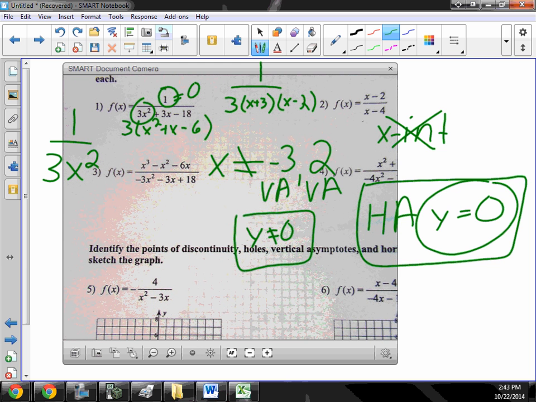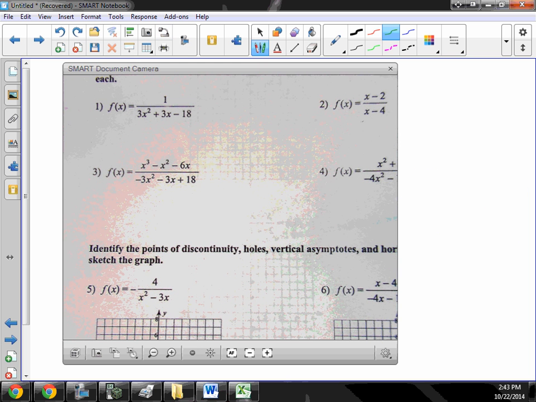Look at number 3. I'm just going to hurry and factor number 3 to save us some time. x times x minus 3 times x plus 2. And then what would I pull out on the bottom? -3. You always want to pull out a negative if the leading coefficient is negative.